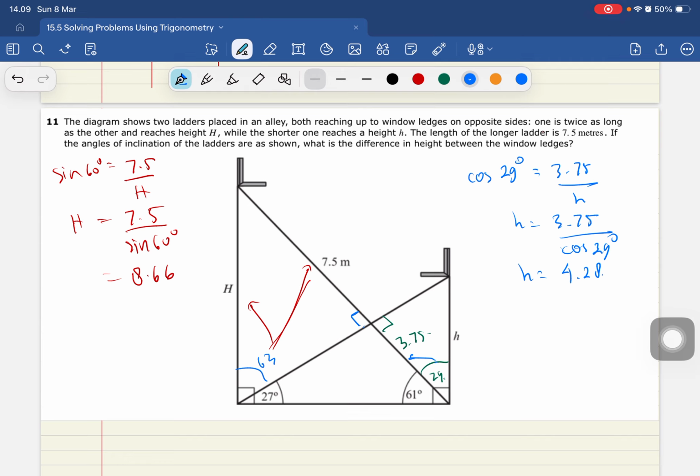So we need to find the difference in height between the windows. We have two heights, so the difference is 8.66 minus 4.28, which is 4.38 meters. Okay, there it is.